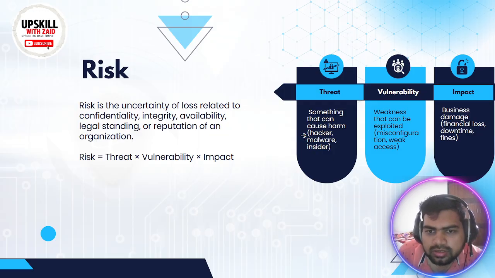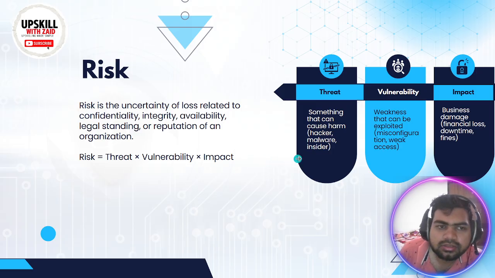The hacker is the threat here. Vulnerabilities are the patches or updates which are not being done, a weakness that can be exploited by the hacker, or a misconfiguration that can lead to access loss. And impact is the impact on your organization: business loss, damage and downtime. So risk consists of all these three factors.